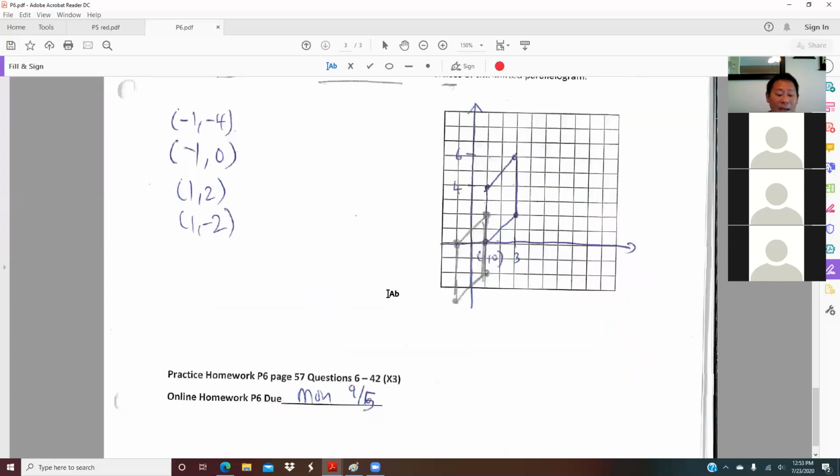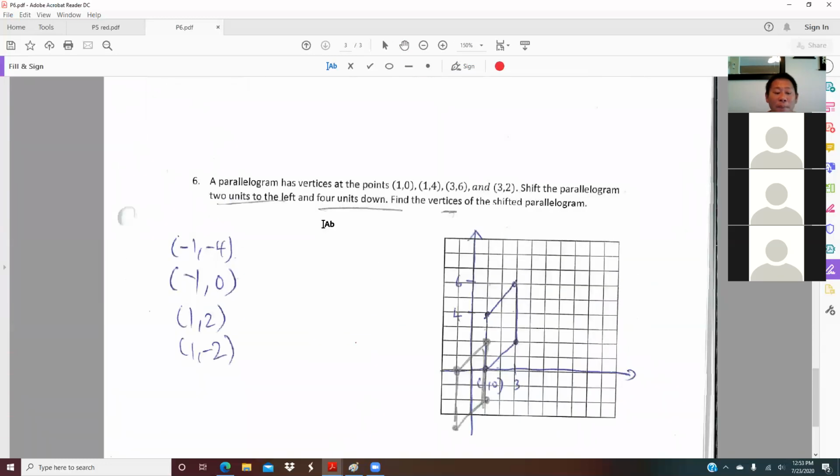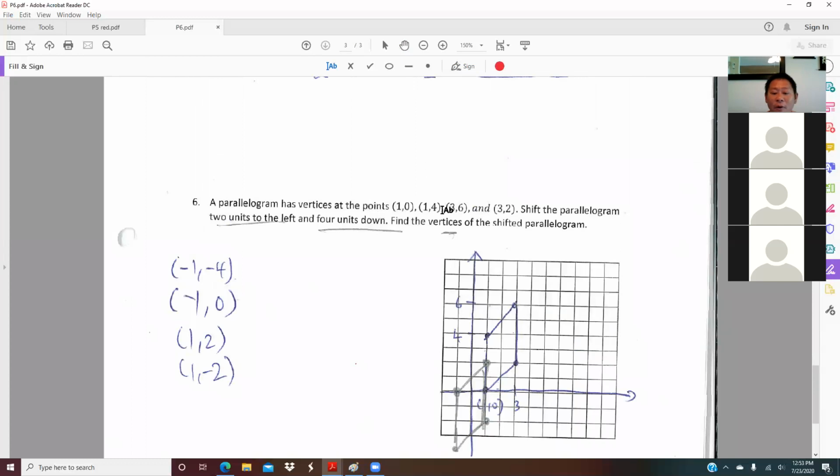And then the last question is a parallelogram that has 4 coordinate points. Shift the parallelogram 2 units to the left and 4 units down, and then find the vertices of this one. When you shift 2 units to the left, all your x values should be minus 2.